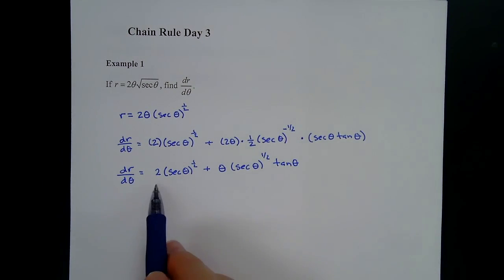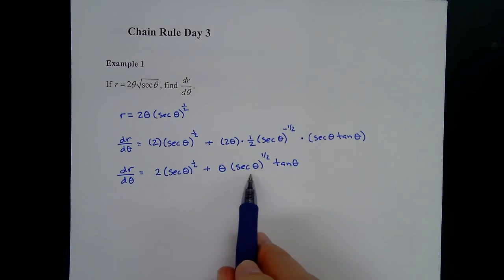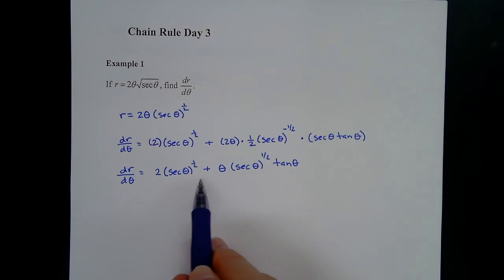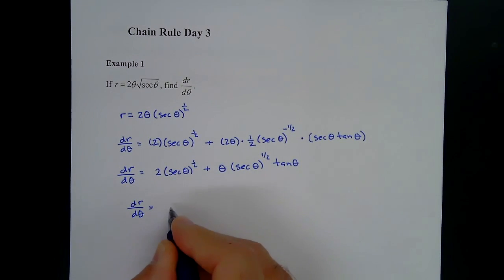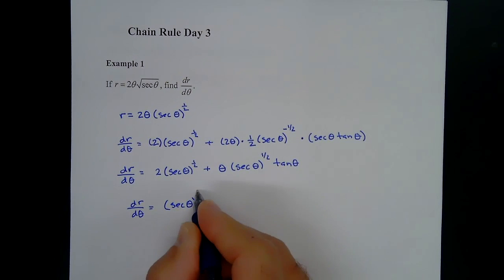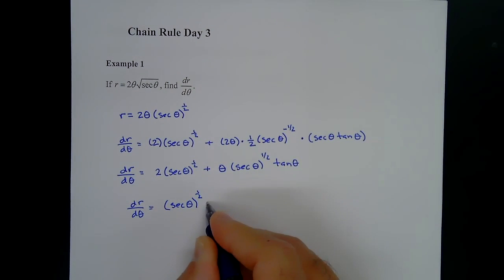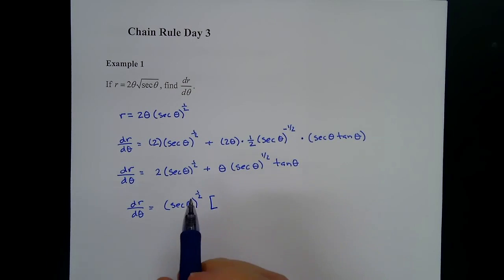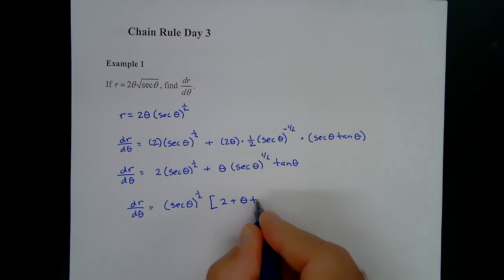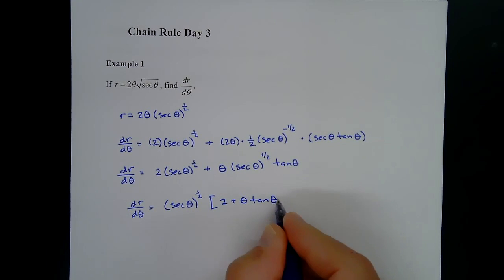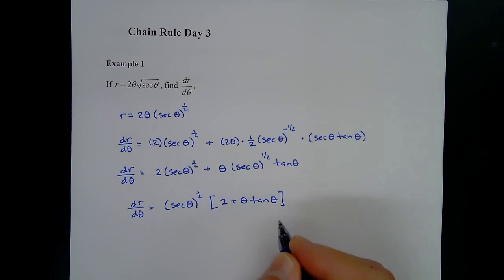All right, now we look at this and we go, okay, now we see some things that are in common. So secant theta raised to the 1/2. So dr over d theta, we can factor out of this a secant theta raised to the 1/2 power, and then we would have left over 2 plus theta tangent of theta.